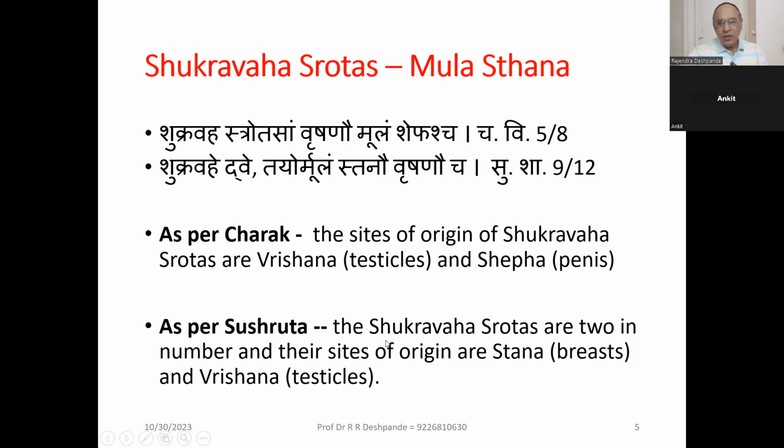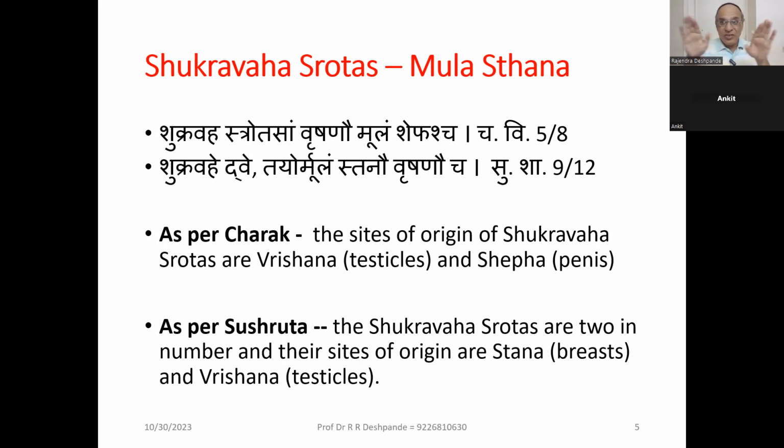As per Sushrut, the Shukravaha are always two. Charak has given each Srotasa as one number: one Shukravaha, one Pranavaha, one Annavaha, only one. But Sushrut has always given the pair. Rasavahasrotas, 2 in number. Raktavahasrotas, 2 in number. Shukravahasrotas, 2 in number.